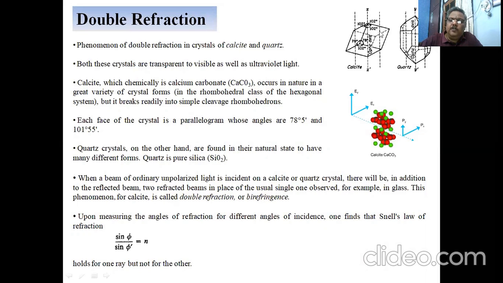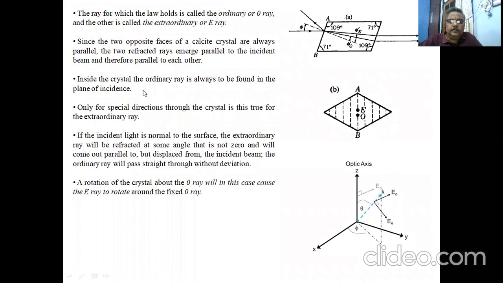The one which moves is called the extraordinary ray, and the one which is stationary is called the ordinary ray. Upon measuring the angles of refraction for different angles of incidence, one finds Snell's law holds for one ray.